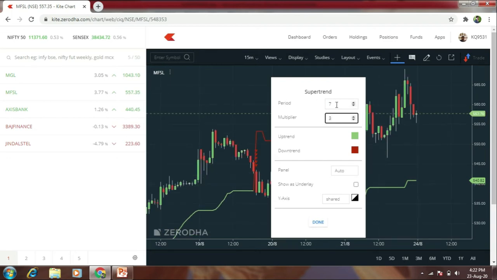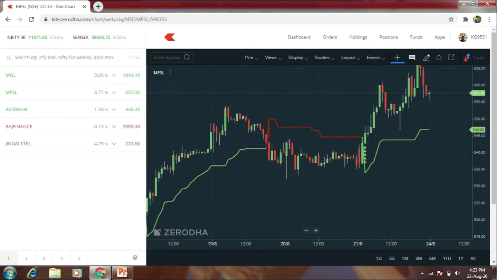You can change this to 10 or 11, but it will depend on experience. You have to trial and error the signals, then only you can use one particular period and multiplier. I have back tested it for the last 3 months. It has given good signals with these numbers, okay.